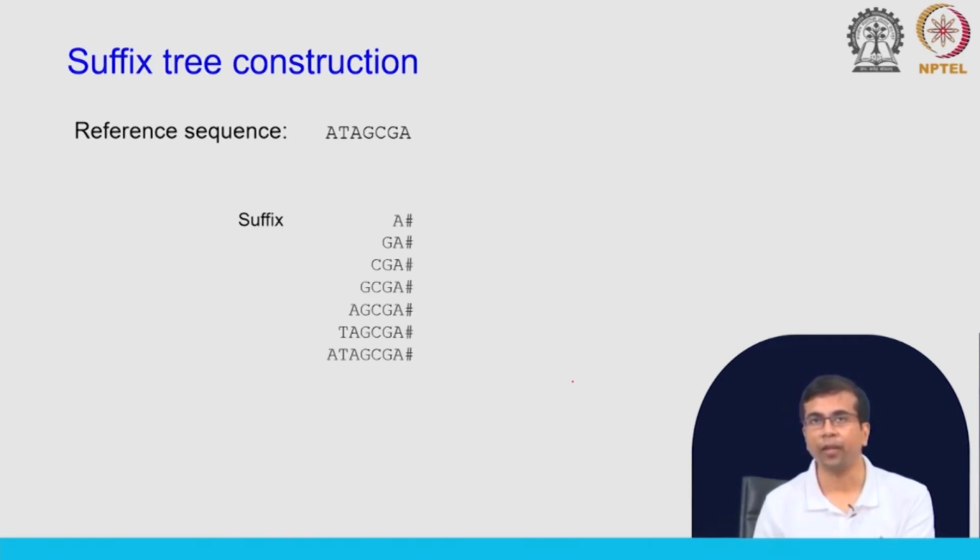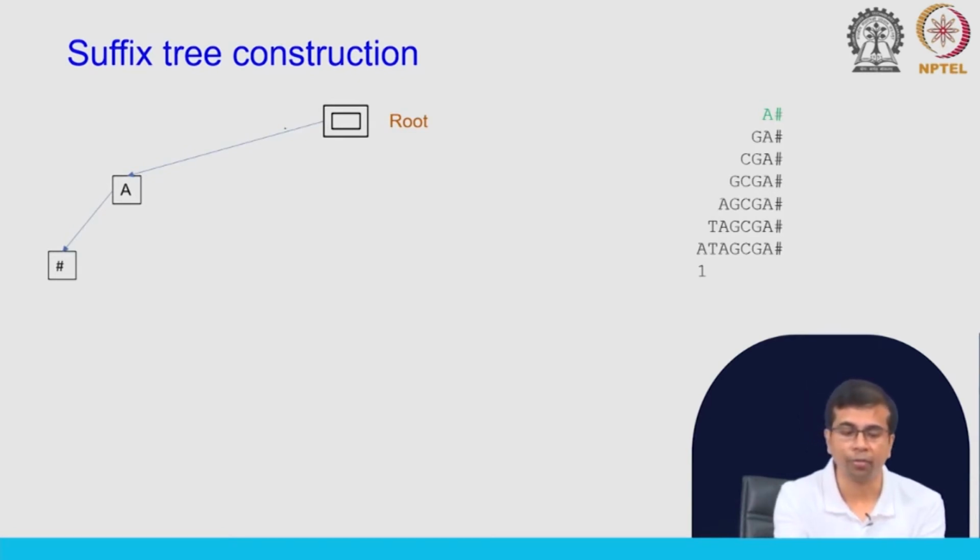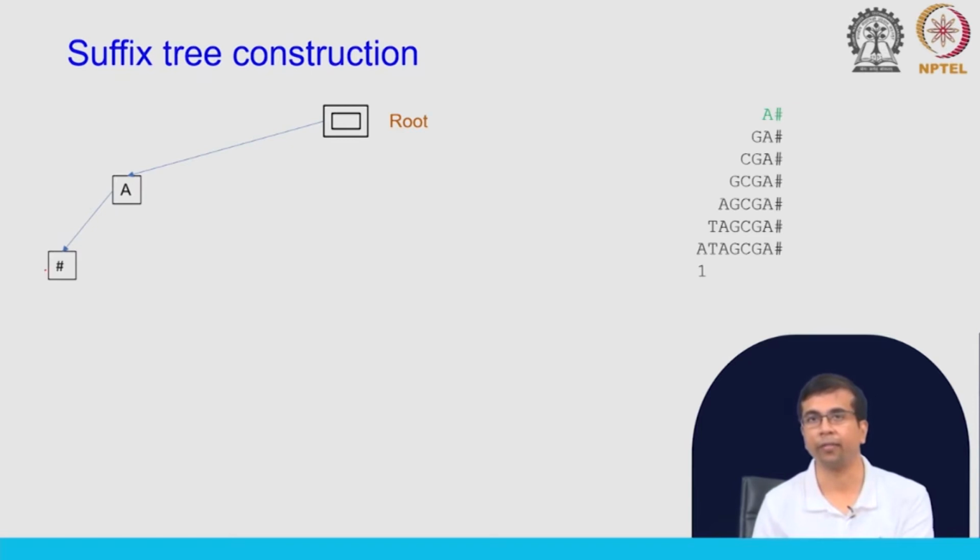We will take all these suffixes and build the suffix tree. We start with this A hash: we start with the root, we have the base A, then we have the hash, and we have reached the leaf. This is the end of this suffix, the end of the string.